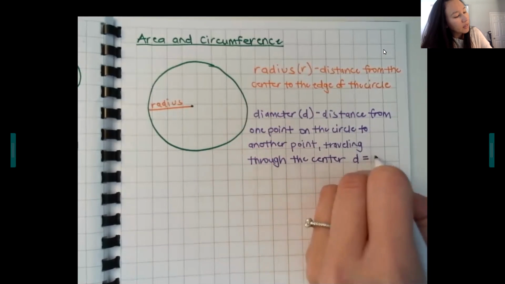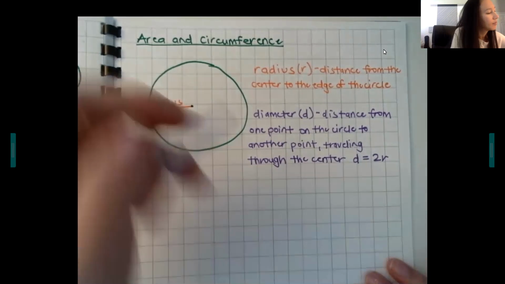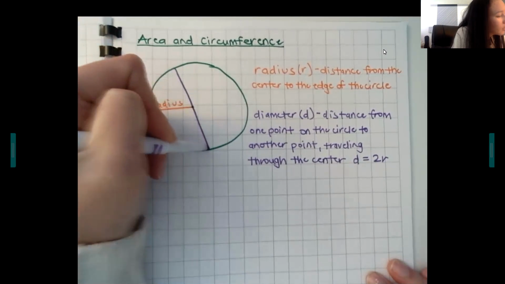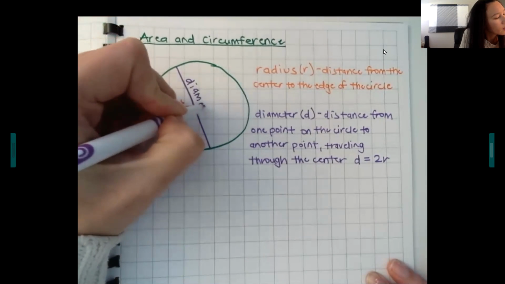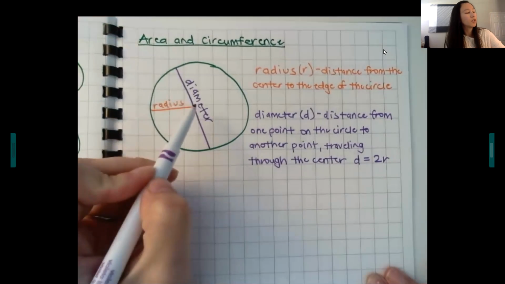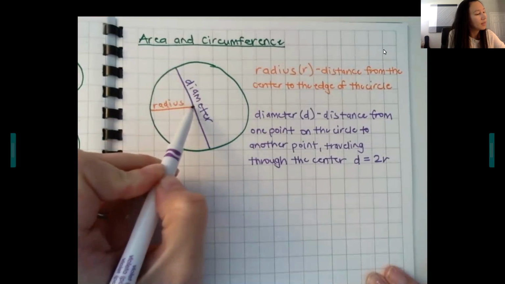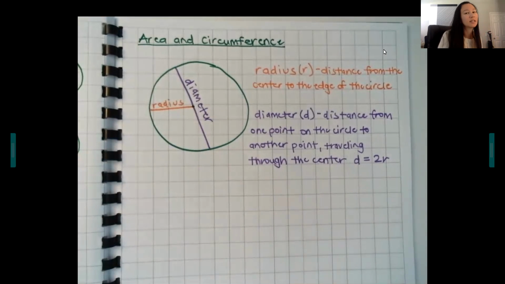And the diameter is equal to 2 times the radius, because it goes from one end through the center to the other end. That's your diameter. So it's really just 2 radii. So from here to here would be the radius, and then here to here would be the radius, which is why it's 2 times the radius.